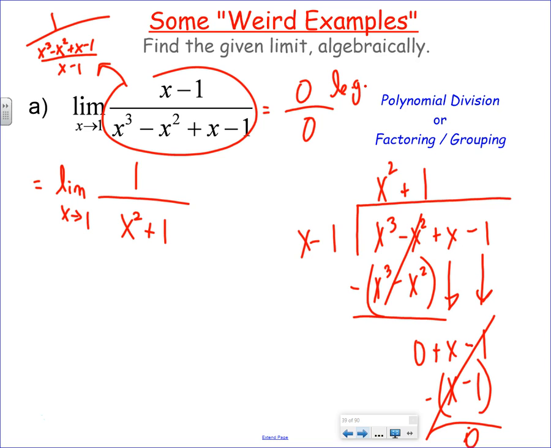And why is everything all better? Because this division got rid of who? The shared factor. If you had done the grouping, did anybody figure out the other way of going? Wouldn't you have gotten the limit as x approaches 1 of x minus 1 all over x minus 1 times x squared plus x?